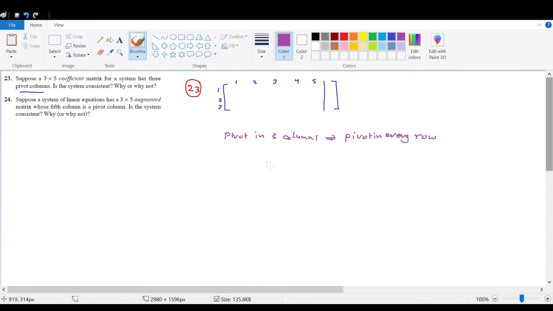That means we can conclude there is no row of the form 0, 0, 0, sorry, 0, 0, 0, B. Because we have a pivot in every row, there is no row of this form, so that means the system is consistent. The system is consistent.